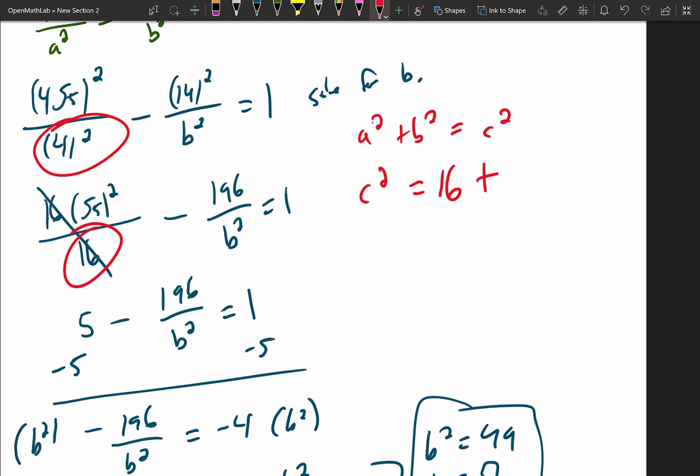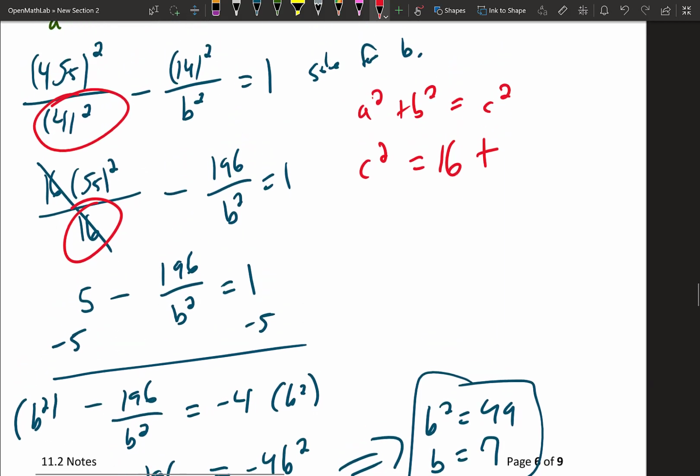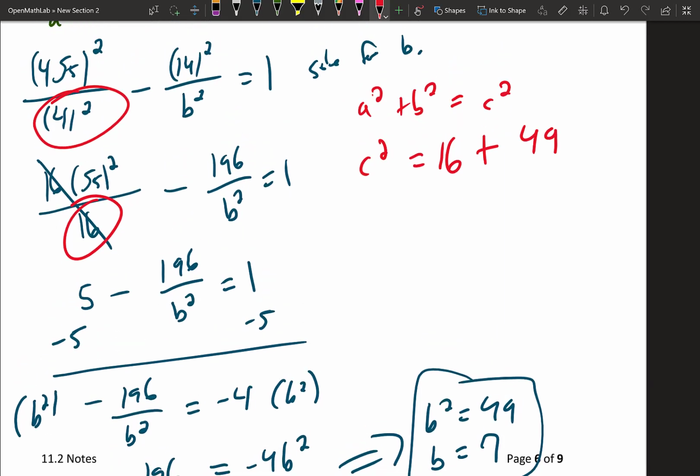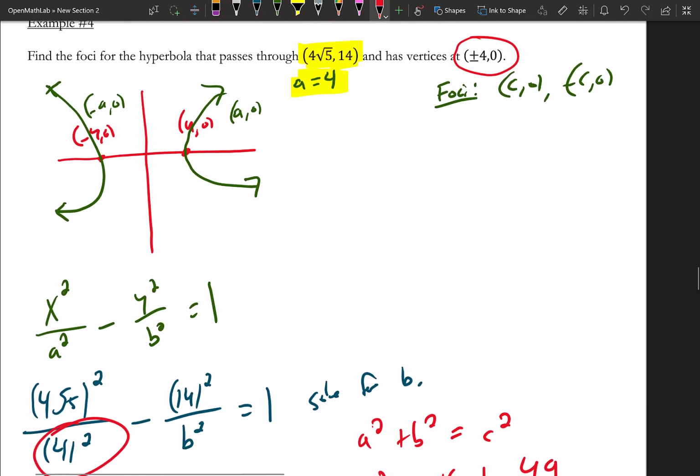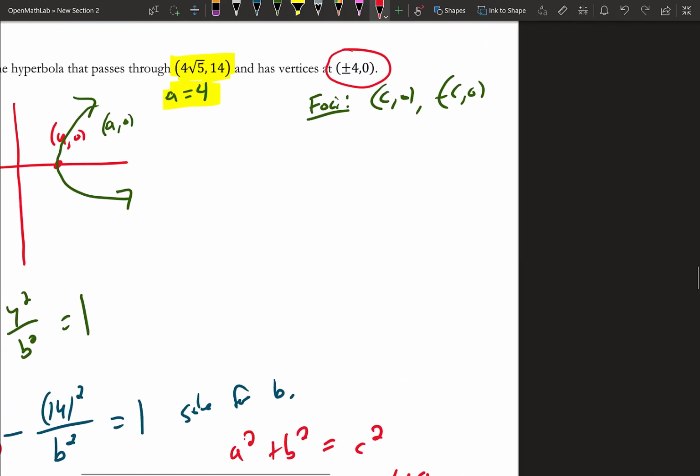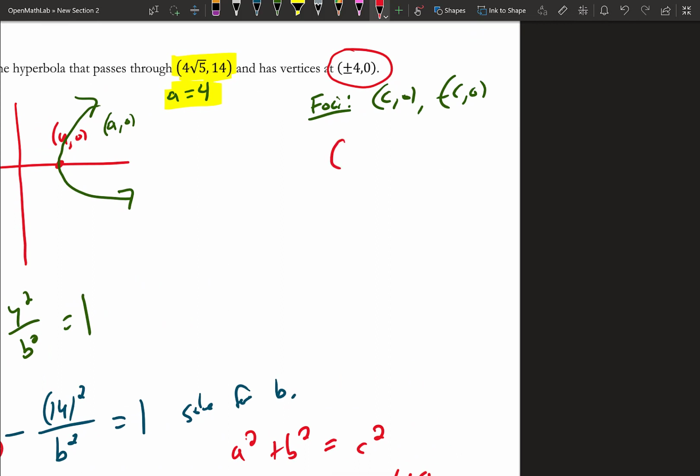And then b squared was 49. So c squared must be equal to 16 plus 49, which is 65. So that tells me that c is radical 65, and that doesn't simplify. So we were after that value. So now I can finally just plug that in up here. So the foci would be radical 65 comma 0 and negative radical 65 comma 0.